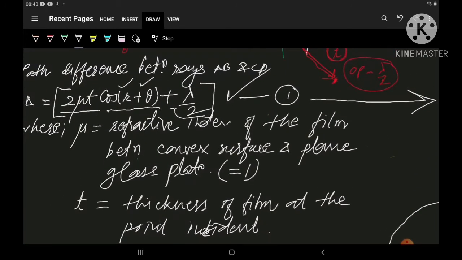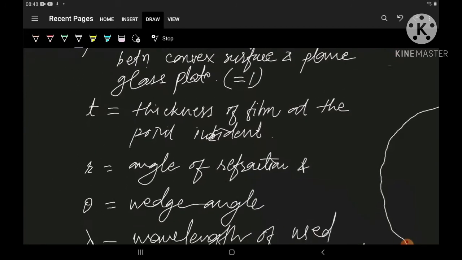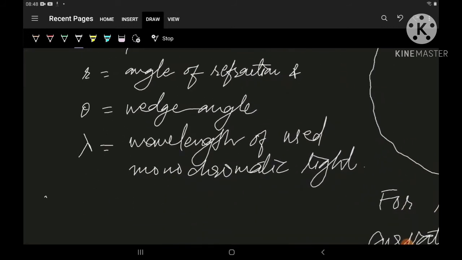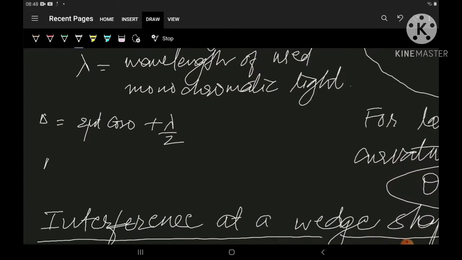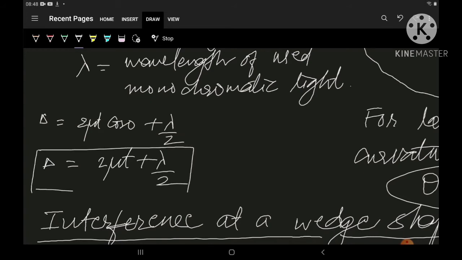Our formula becomes delta equals 2 mu t cos 0 plus lambda by 2. Again, delta equals 2 mu t plus lambda by 2. Suppose this is equation number 2.